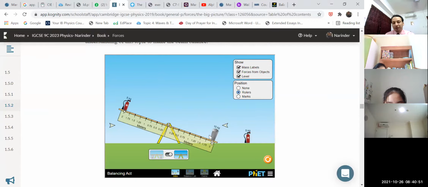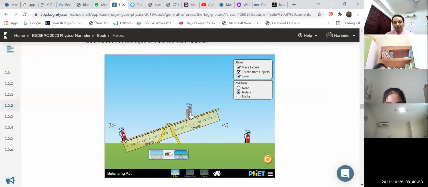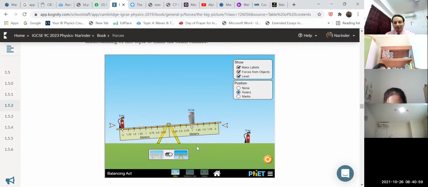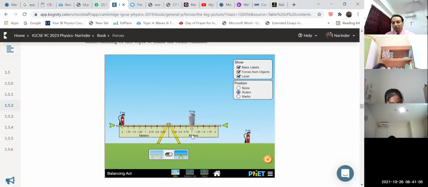Is there any position where I can balance? In this case, if the 10 kilogram is placed at 1 meter, it will be in balance condition. We can cross verify, children.